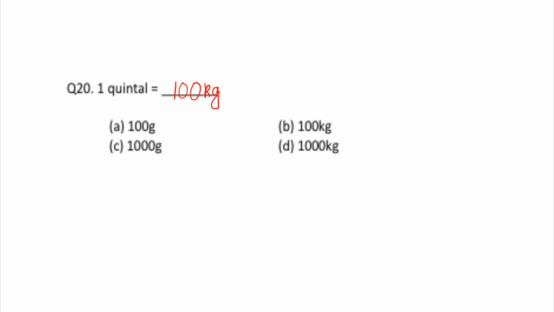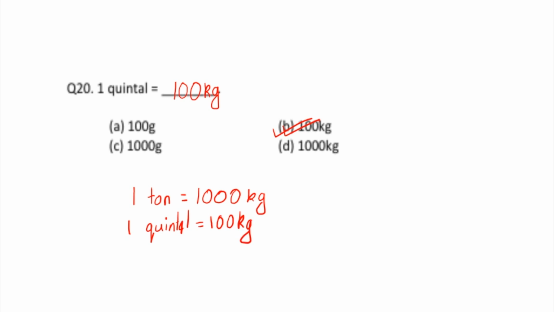If it was given 1 ton, how many kgs? It will be 1000 kg. So 1 quintal is 100 kg and 1 ton is 1000 kg. This is just for your reference.